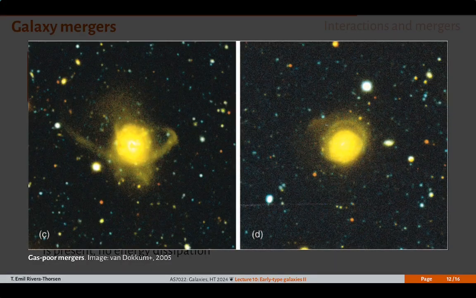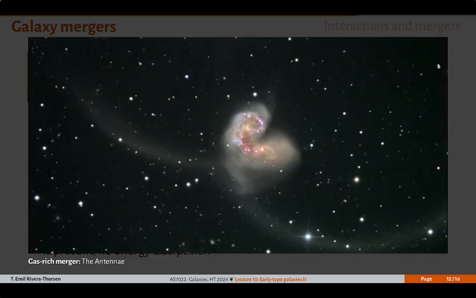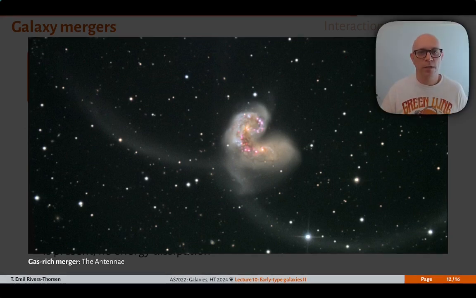Here we see an example of a couple of gas poor or dry mergers, which were observed with the Hubble Space Telescope, I believe, back in 2005. And here we have our example, the well-known antennae galaxies that we have looked at before.